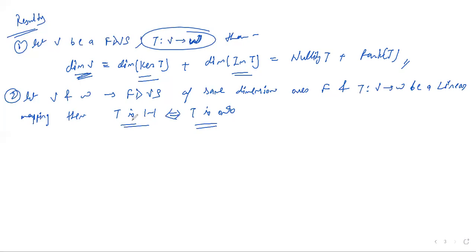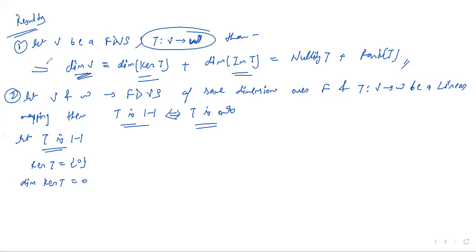Let's just see how. So let's first consider that my mapping is 1-1. When I say that my mapping is 1-1, this will only be possible if my ker T is equal to 0. We have studied this in the previous lecture. It implies that the dimension of ker T is equal to 0.